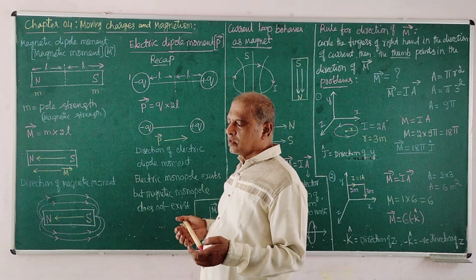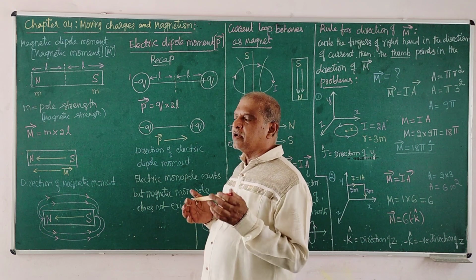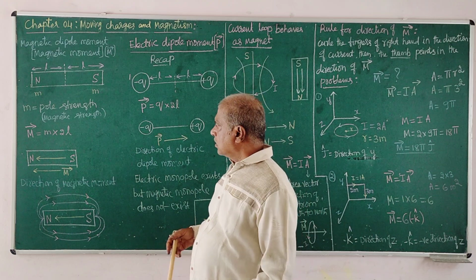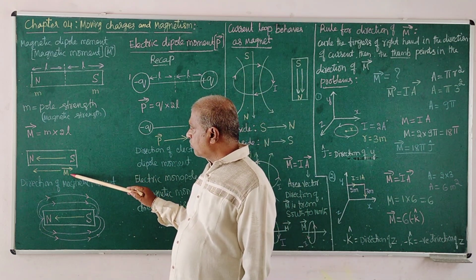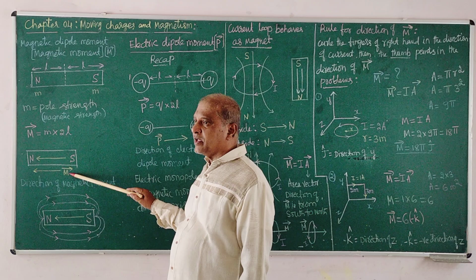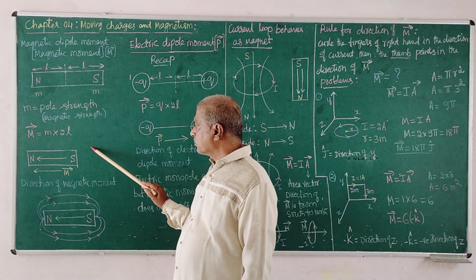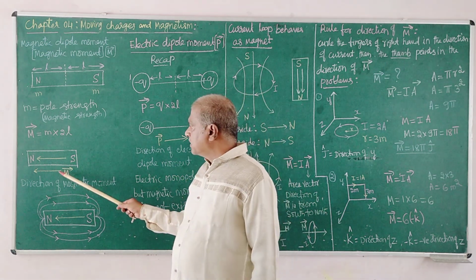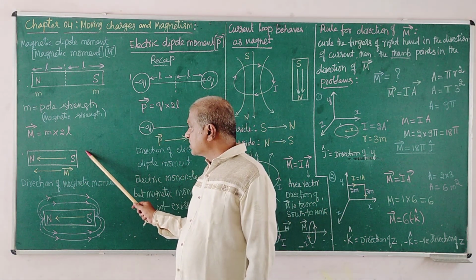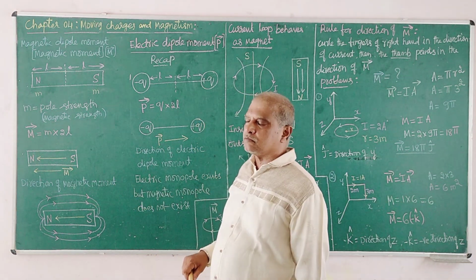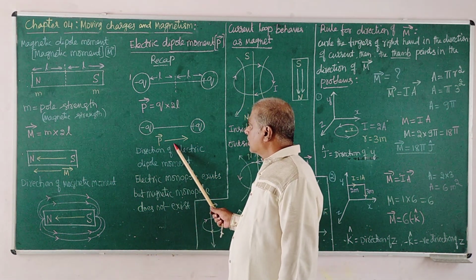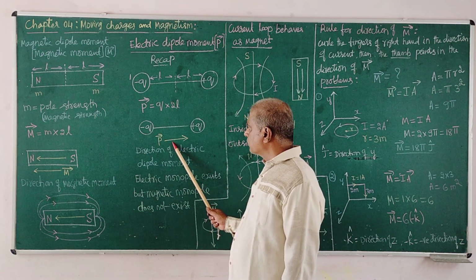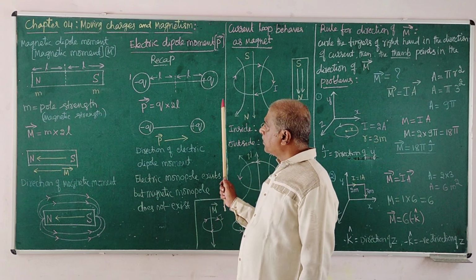What will happen? There will be a tendency of alignment of the magnetic moment along the direction of the applied magnetic field, a tendency to line up along the direction of the field. Similarly, there is a tendency of alignment along the applied electric field.